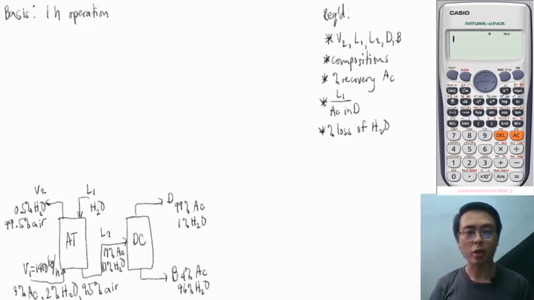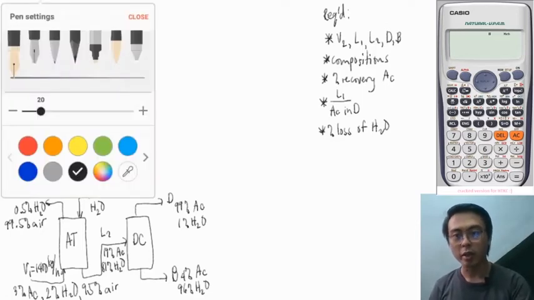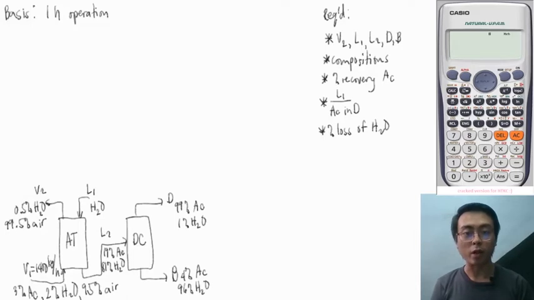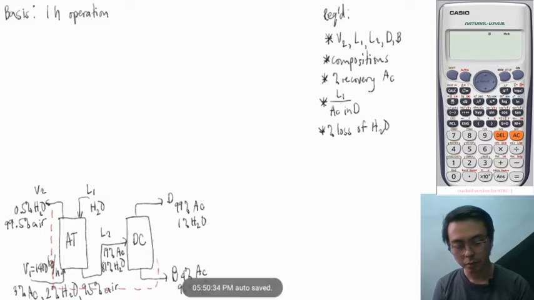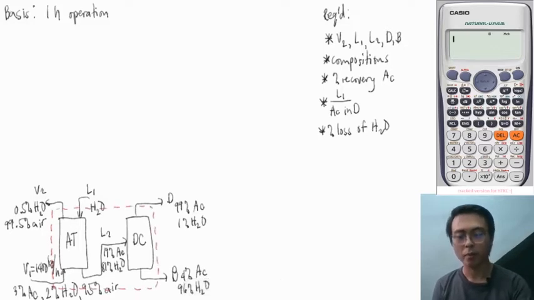So let's start with the overall boundary. Let's see if we can get some useful equations. I will be denoting the overall boundary with red. This is our overall boundary.